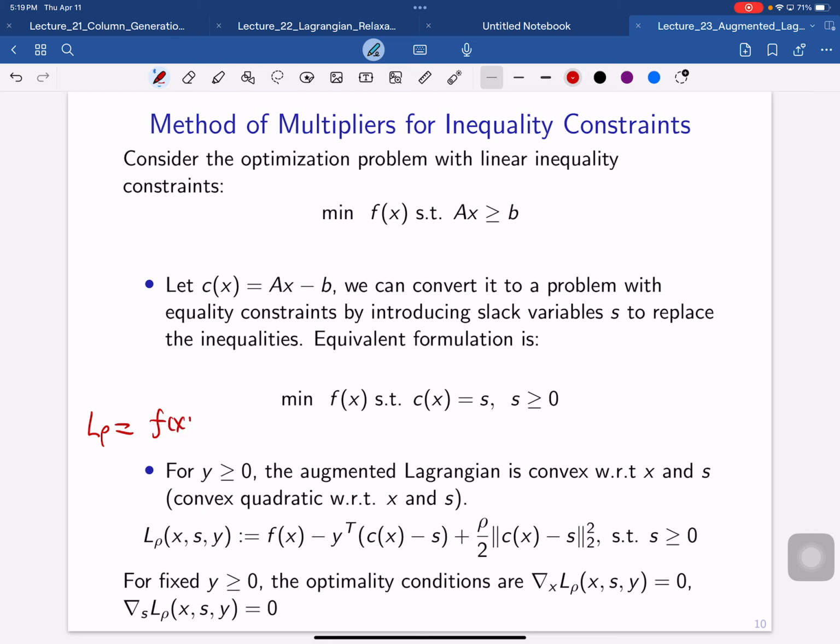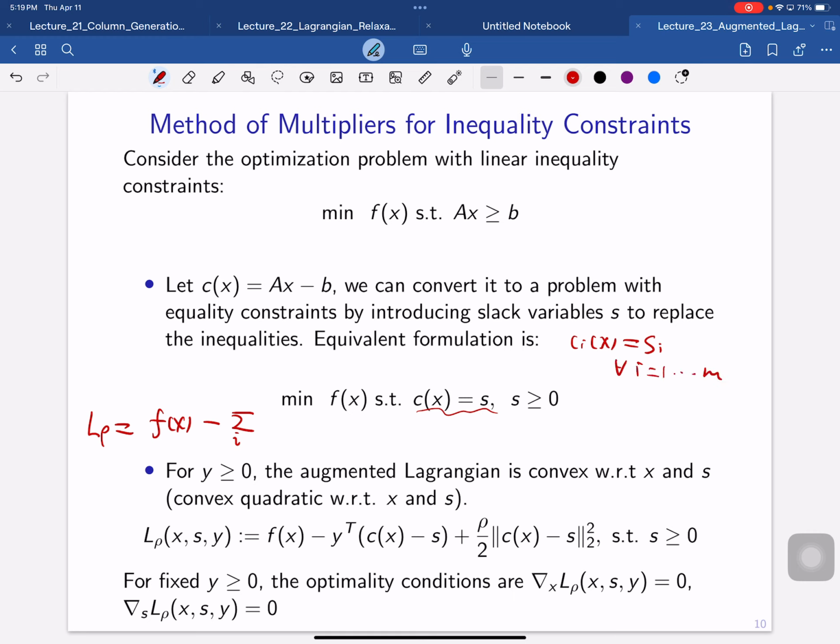So that will be f of x minus summation of, let's index the constraint as ci of x, right? So let's assume we have m constraints. That will be ci of x equals si for all i from 1 to m, right?